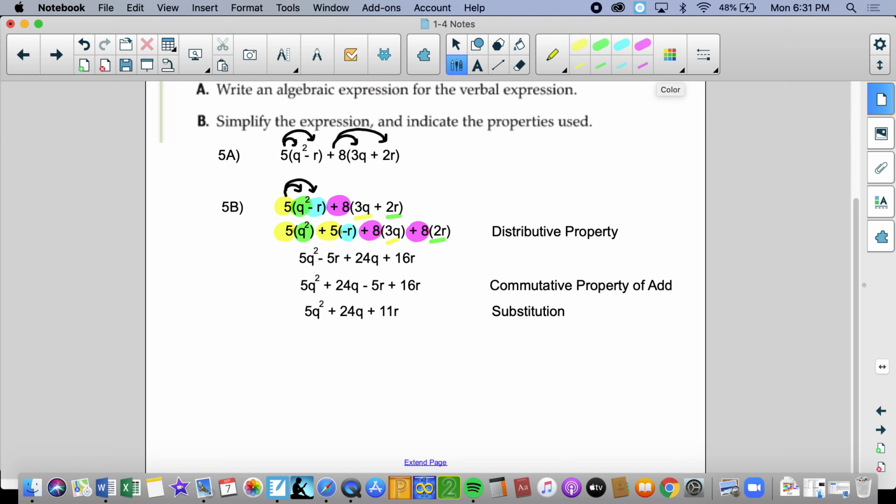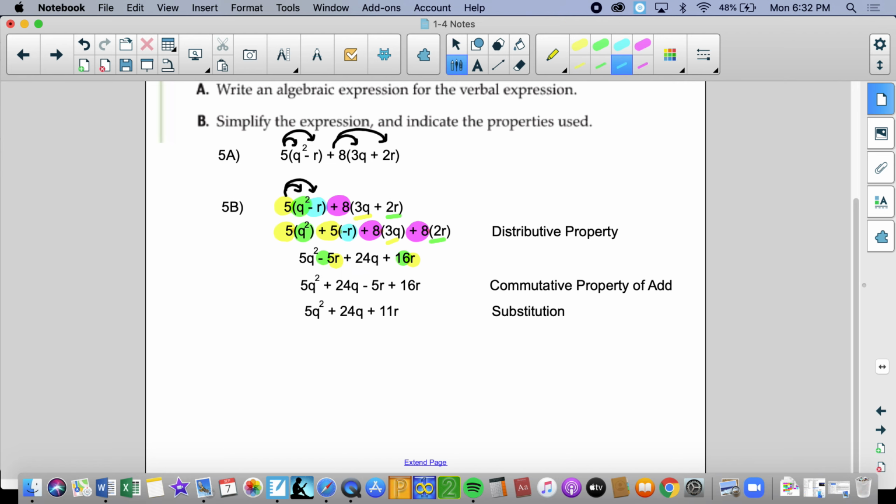Now, do we have any like terms? Yeah, we have an r and an r. That's the only like terms. So we're going to combine their coefficients. These are not like terms. This q squared and this q are not like terms because that's q squared and that's q to the first.